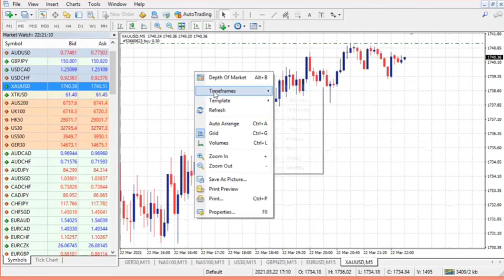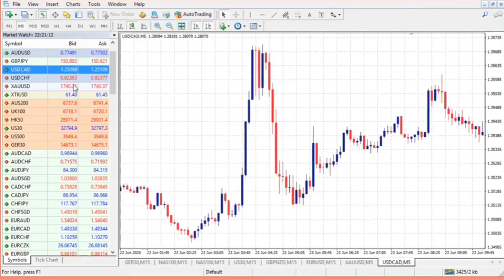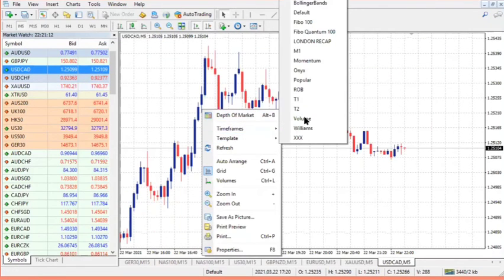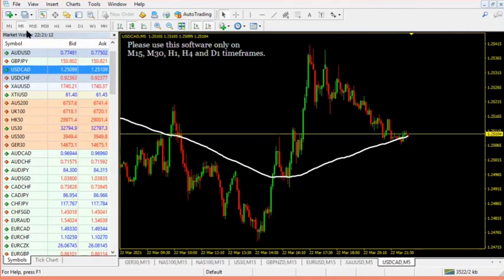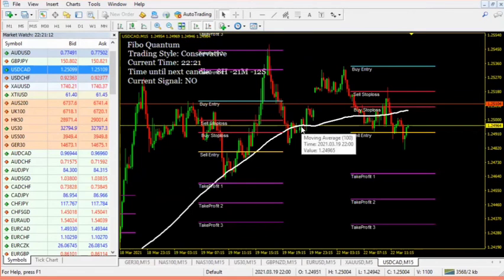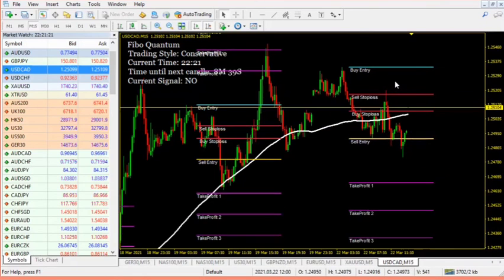There's just three components to this system, guys. There's the price, and then there's the 100-period moving average, and then there are the sell and the buy levels.